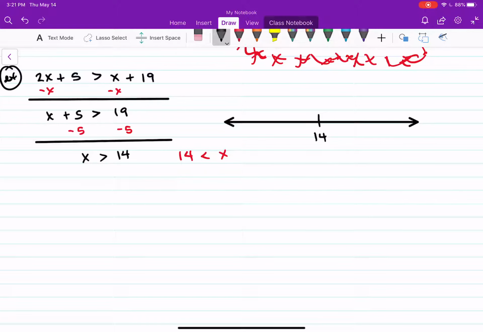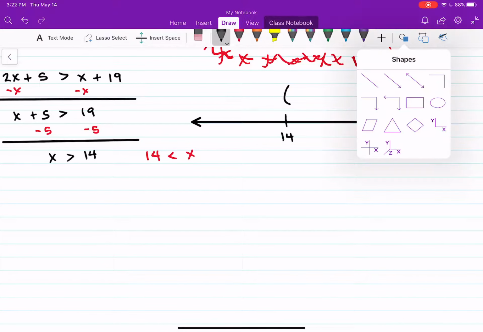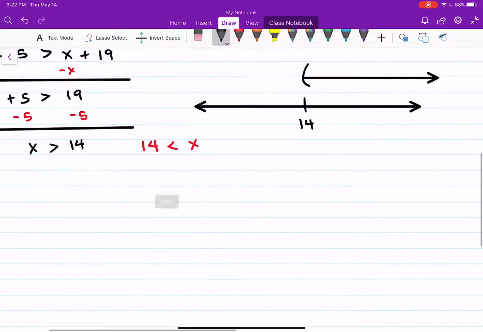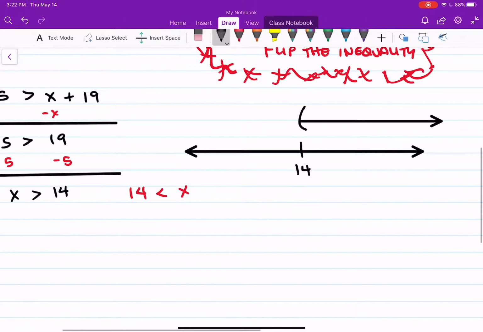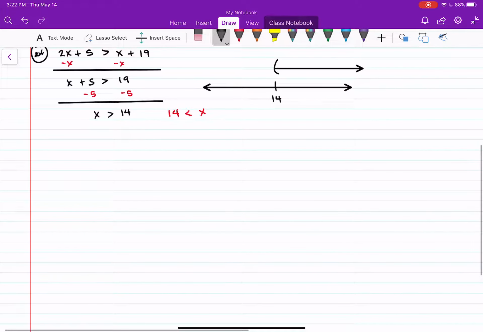Awesome. Pointing left or pointing to the right, I want x's that are greater than 14. So it's going to be parentheses and pointed to the right. And yes, if it was this, it would still be the same exact graph, okay? All right, so what if I have numbers on both sides, like an interval?